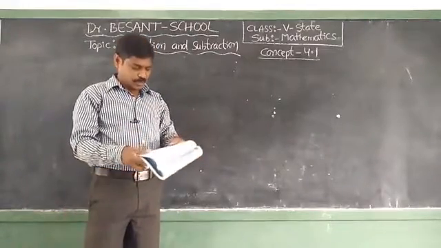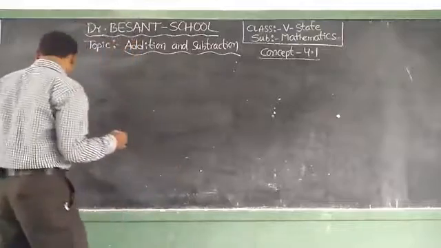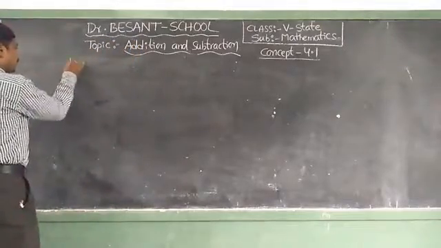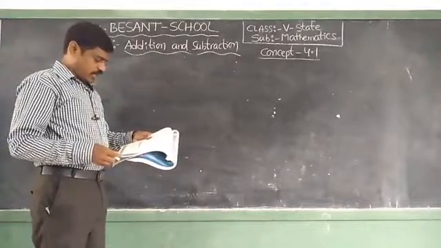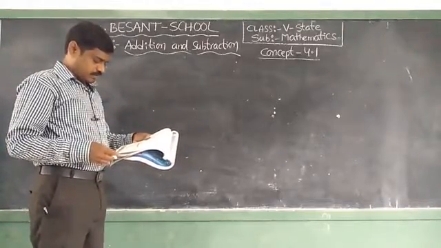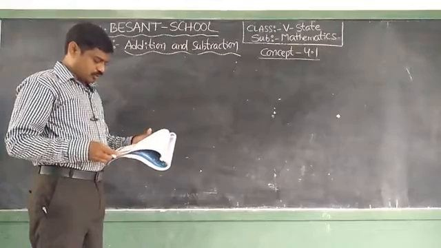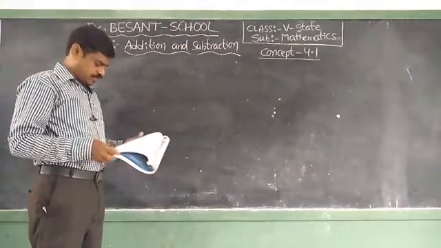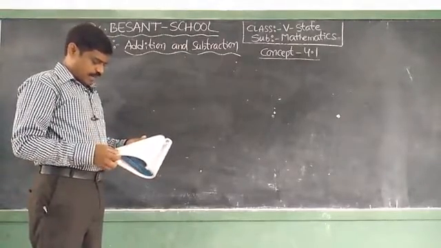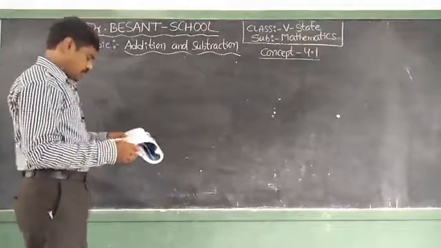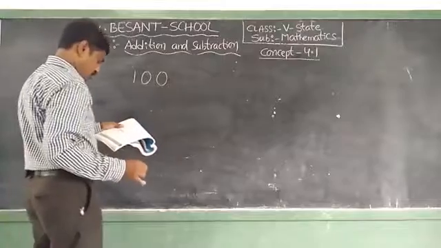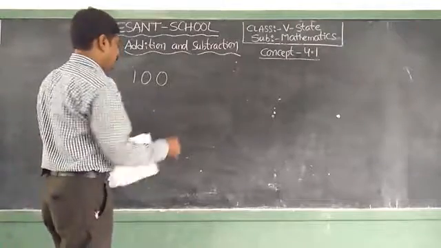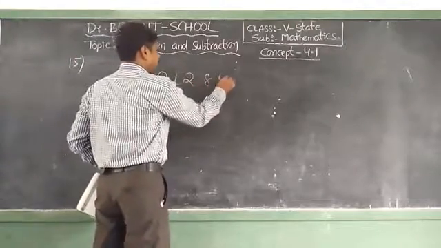See the problem number 15. Solve the following. What should be added to these two numbers sum? Next, what should be added? 10012842 12842.